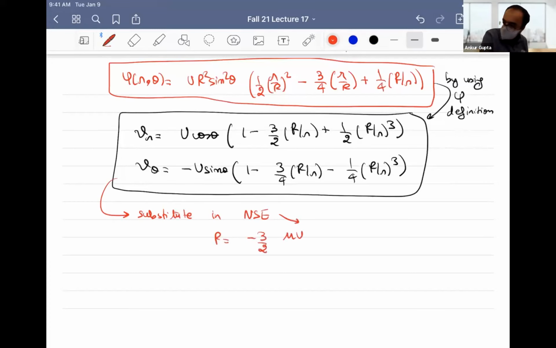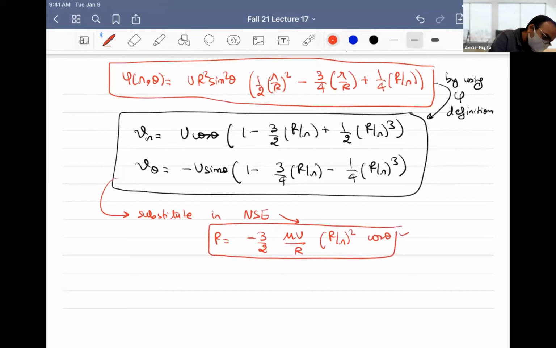Minus mu U by R, by R squared, cos theta. Okay, so we have this, this, and this, the three variables we needed for our equation. So this is substituted into the Navier-Stokes equation and then you integrate back to get to this solution. One thing you should note is that V_r and V_theta are on the same scale.